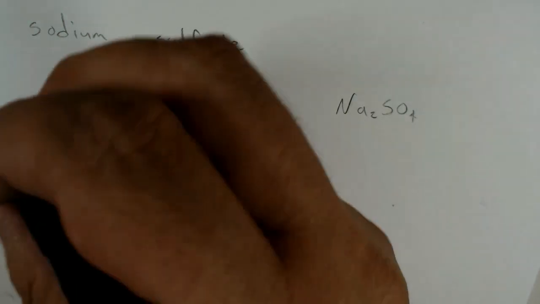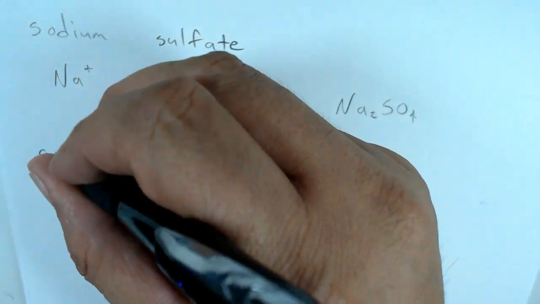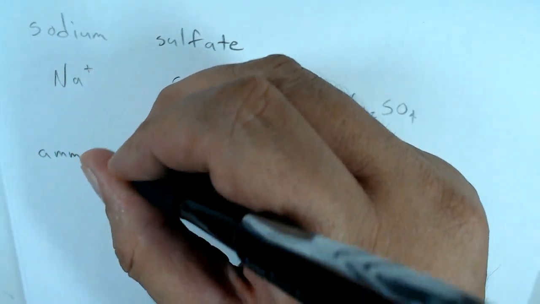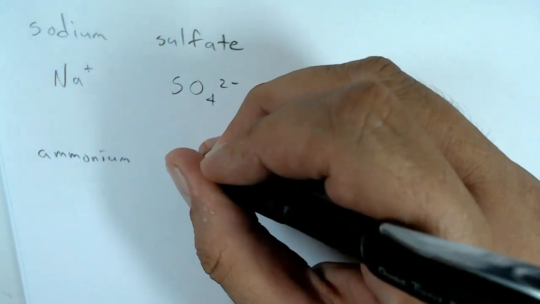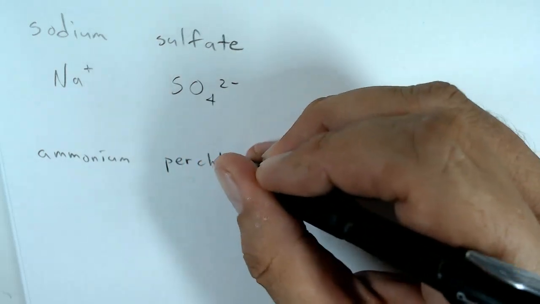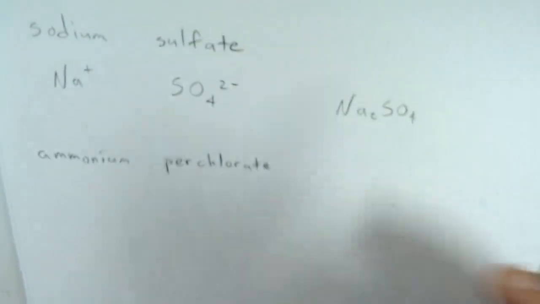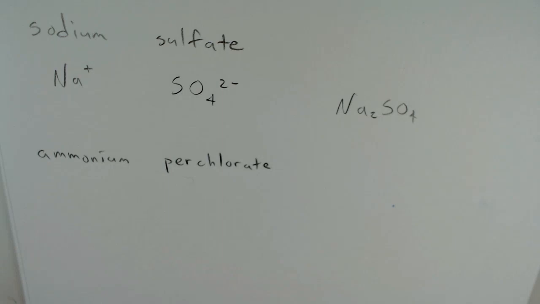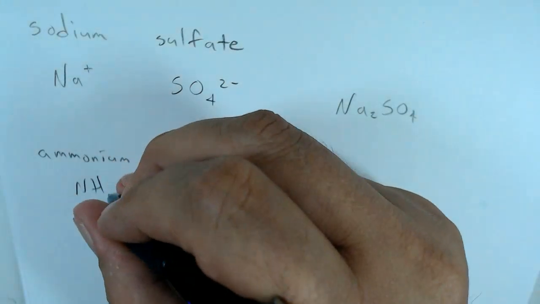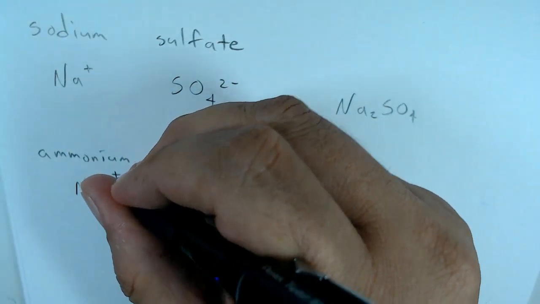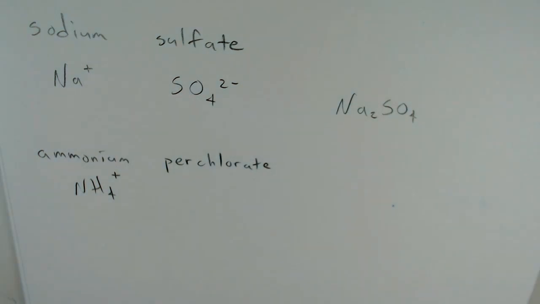So what if we have ammonium perchlorate? Do you guys remember what ammonium was? NH4, and what's the charge? Plus, is it +1, +2?